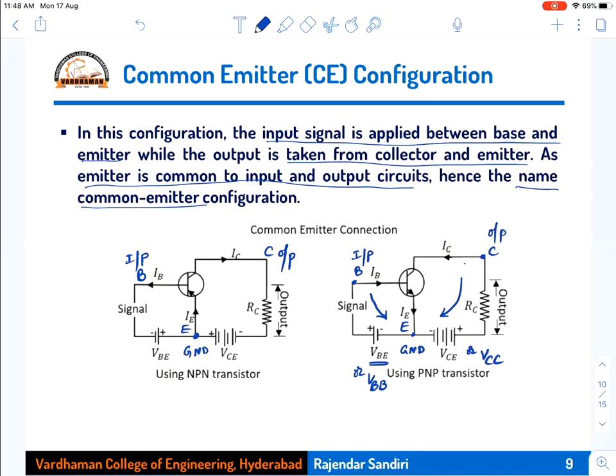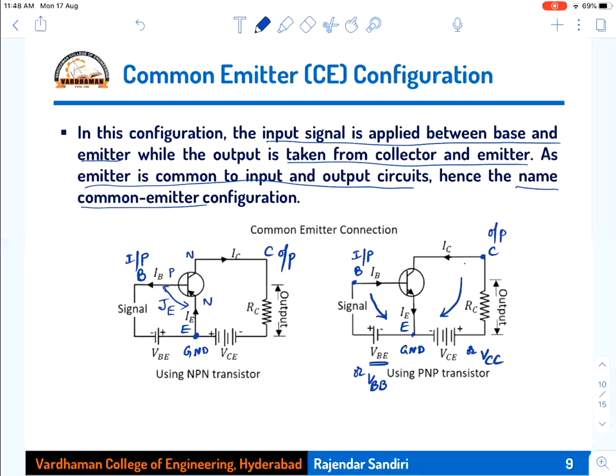Now in this case, base and emitter has got a junction. That junction is emitter junction. Now this is NPN transistor, right? This is N, this is P, this is N. Very important here, NPN transistor, and emitter base junction should be forward biased.